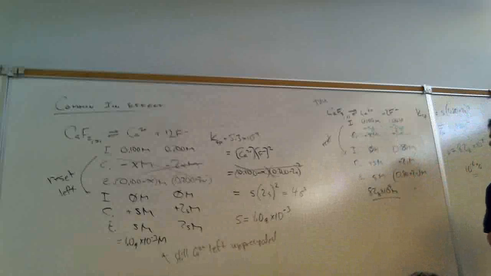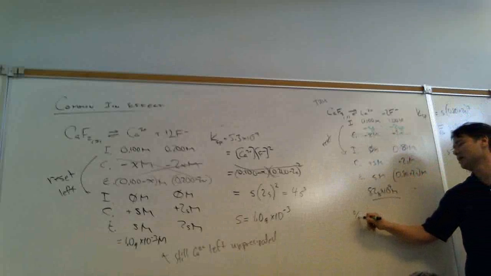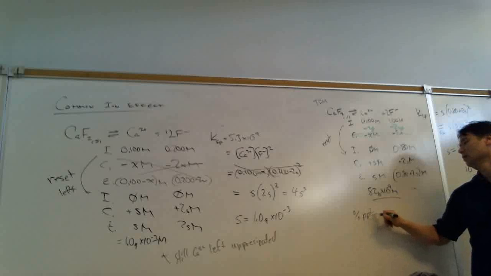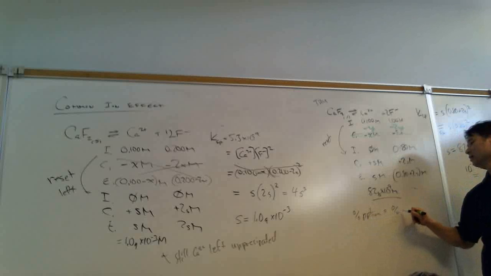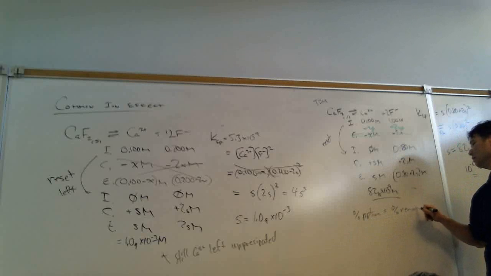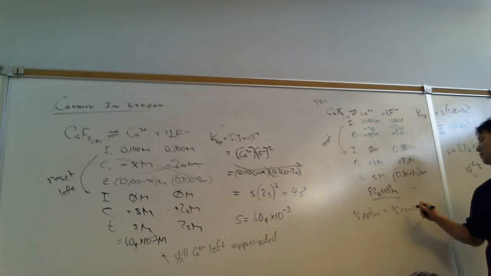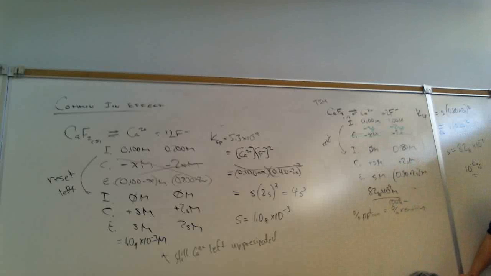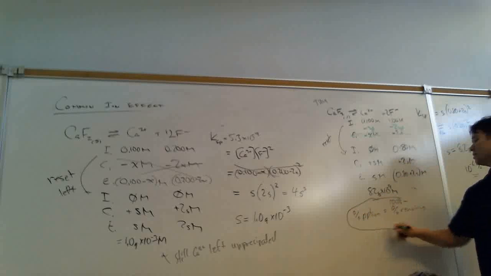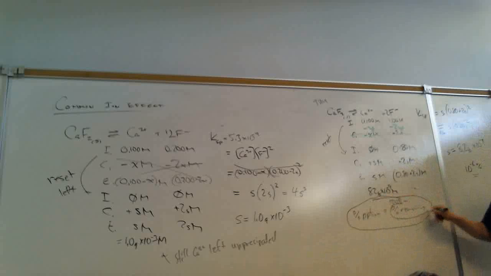And so the amount that we precipitated, percent precipitation, equals 100% minus the percent remaining. And to calculate the percent remaining, let me just write this equation and then I'm done, is equal to the equilibrium concentration over the initial concentration.